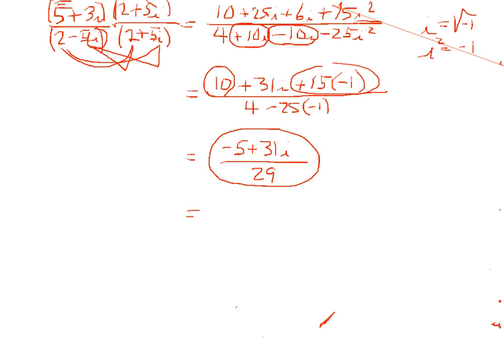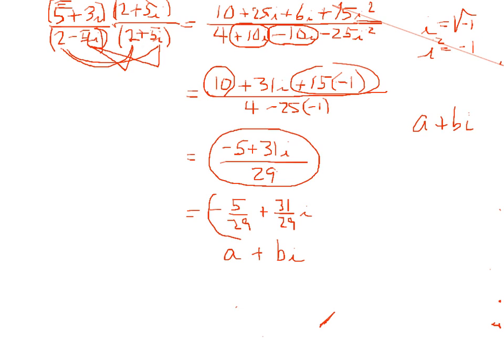But remember that the answer should be a complex number, and this is the form we like for complex numbers. So this doesn't look like that, but we can easily make it look like that if we just divide by the 29. This is, of course, negative 5/29 plus 31/29 times i. And there is your a plus bi.